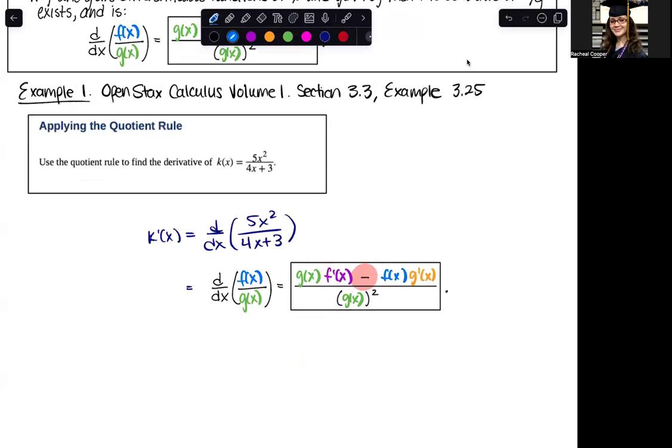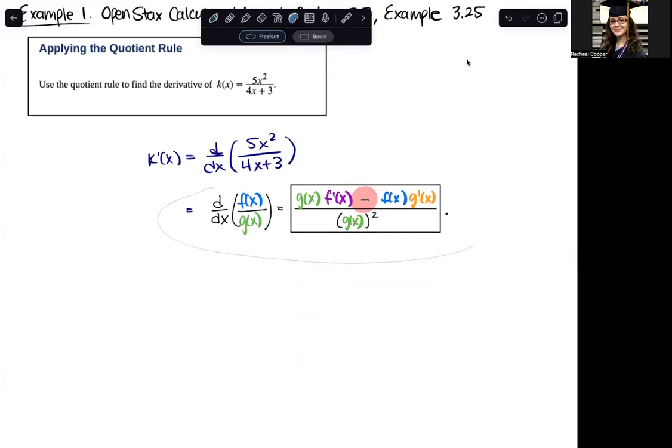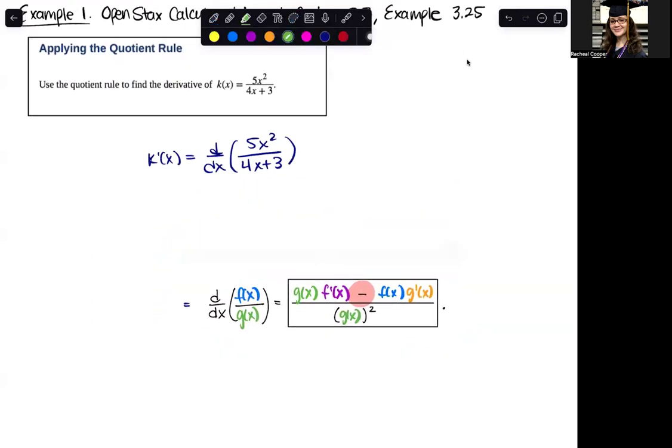And again, just like before, I highly encourage that you identify f and g and write them down, even for these more quote unquote basic examples, because as we get more advanced and we see in a little while combining derivative rules, these get more complicated. So write down your function f, make sure you pick the function in the numerator, and write down your function g, make sure you pick the function in the denominator, and then differentiate them.